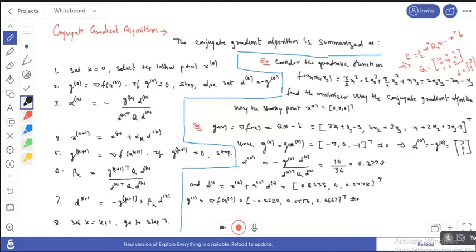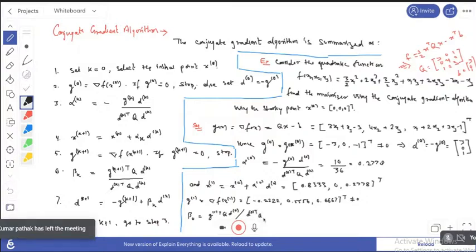So if this is not equal to 0, you should find the value of beta 0, by the formula g1 transpose Q d0 over d0 transpose Q d0. On solving that, the value is 0.08025.